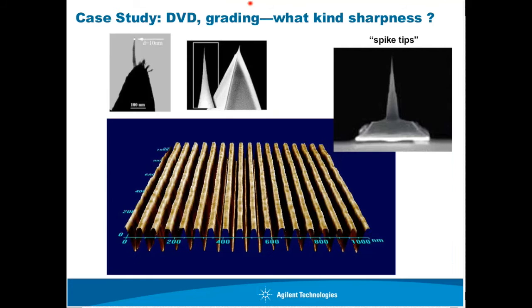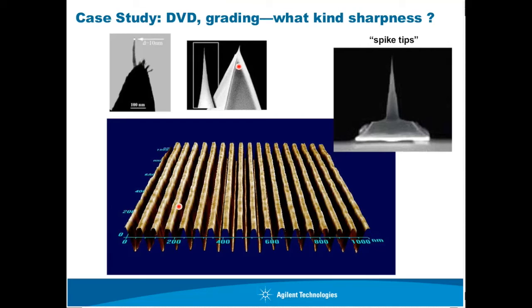Here is a close look at different tips of ultra sharpness. When you go shop for a sharpened tip, sharpened could mean different things. In this case, it's a growth of a needle-like crystal that makes the tip very sharp. This is useless for this type of sample, because this tip only has 100 nanometer height, and these trenches are several hundred nanometers deep.